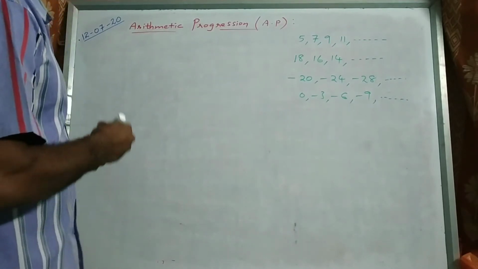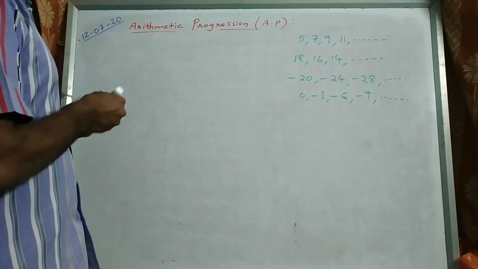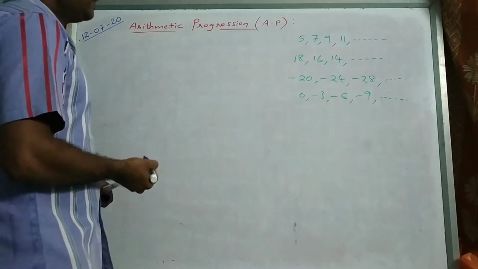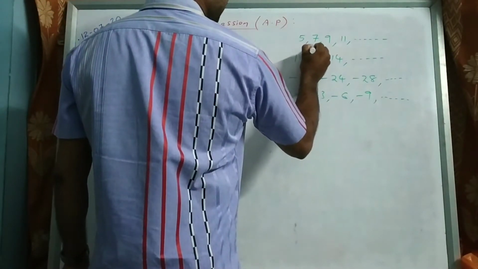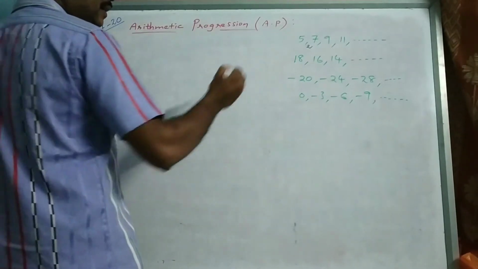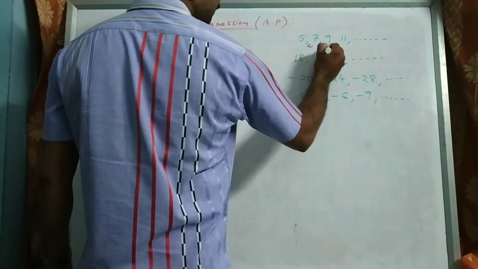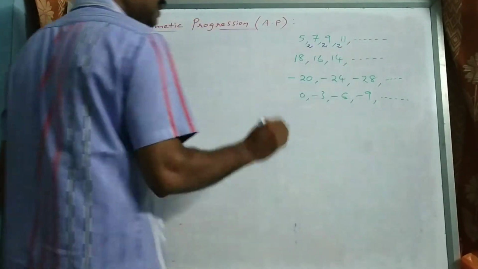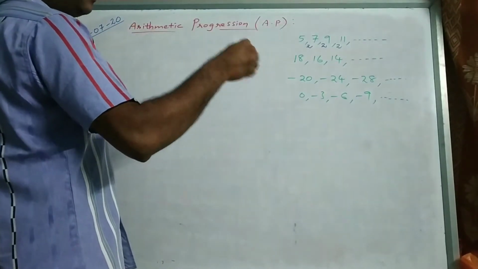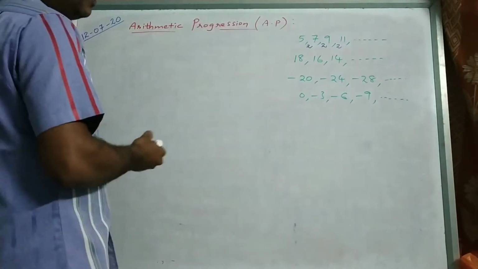They are progressions also. What is the difference you observe here? In 5, 2 is added to get 7. Here also 2 is added to get 9. 9 plus 2 is 11. Then you can say the next terms also: plus 2, plus 2, plus 2.